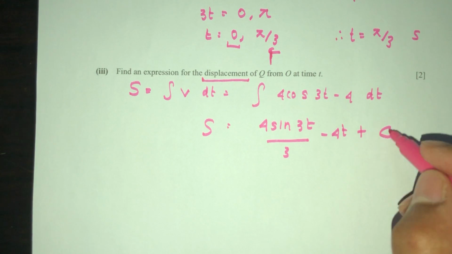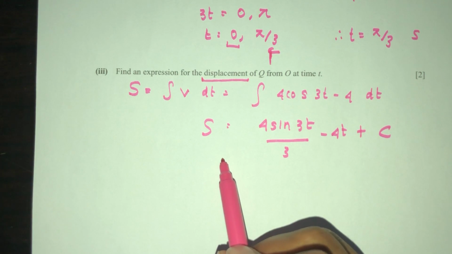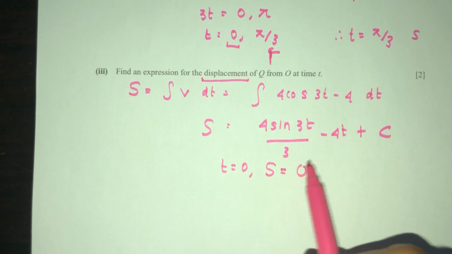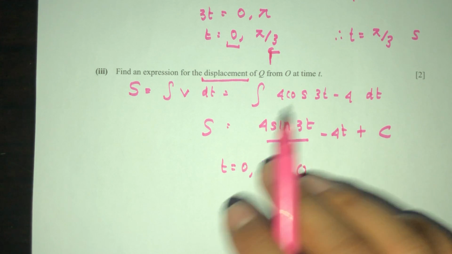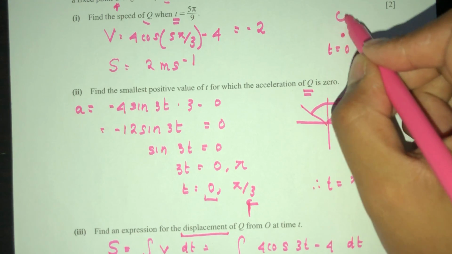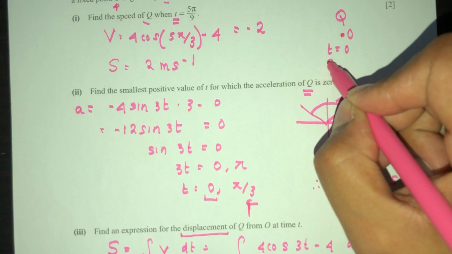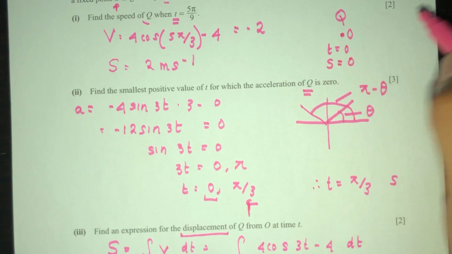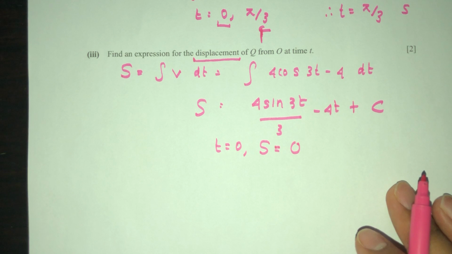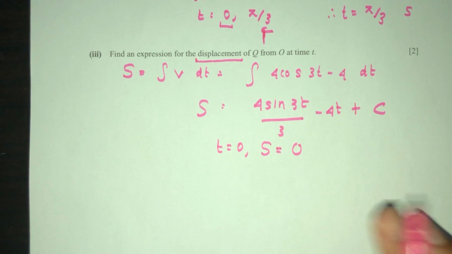So now we have to find the value of c. What we know is that when time is equal to 0, the displacement from the point O will be 0 as well, because that's what we are counting. So basically when time is 0, the particle is still here at the point O, so the displacement from the point O will also be 0. If that makes sense. Okay, so let's move forward. Now from this, what do we have? We have to replace.